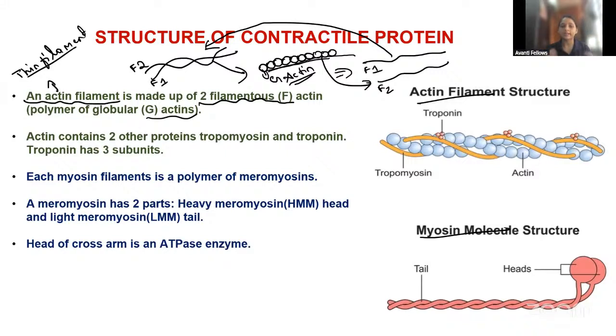And this actin is also bound by two proteins called tropomyosin and troponin. This troponin has three subunits, guys. Not tropomyosin, troponin. The first one is for binding with tropomyosin.